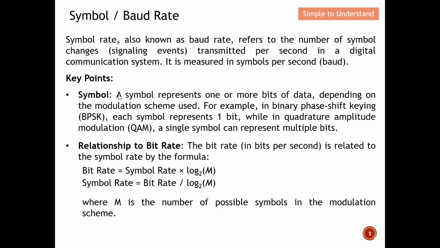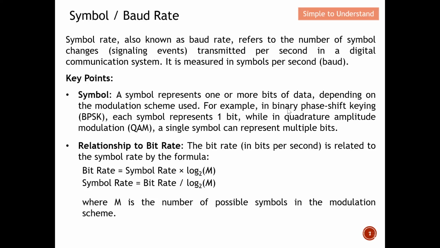A symbol represents at least one or more bits of data. So in short, one symbol can be equal to 1 bit, or one symbol can be represented by more than 1 bit of data. All this depends on the modulation scheme that we use.